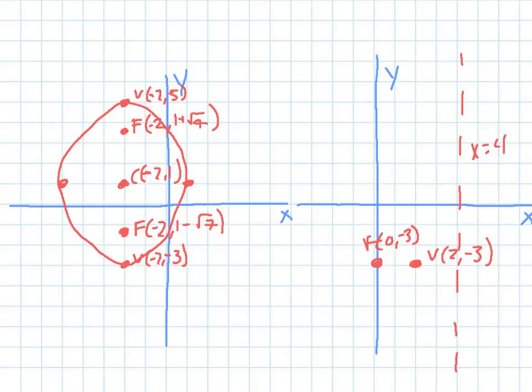Remember, it's the absolute value of 4p. So since it's 8, you can divide that into 2, which gives you 4. So go up 4 and down 4 from your focus so that you're parallel with the directrix. And then you can draw your parabola. And there's my graph.